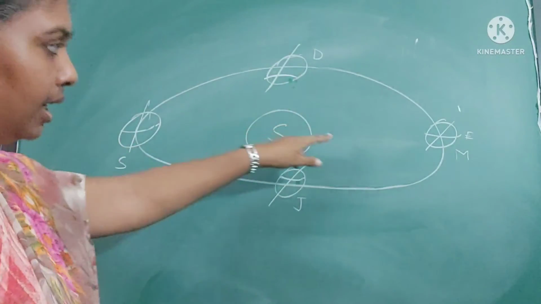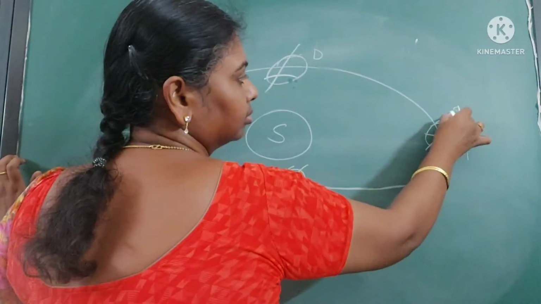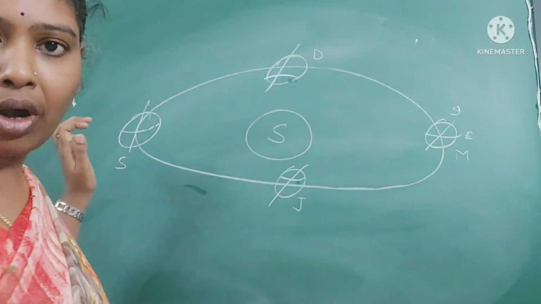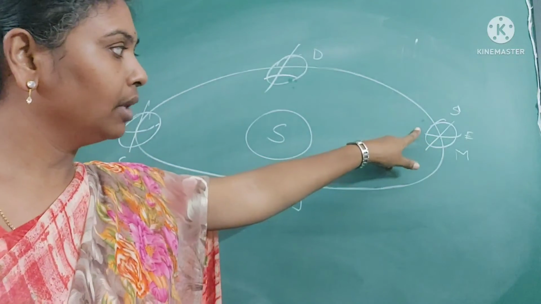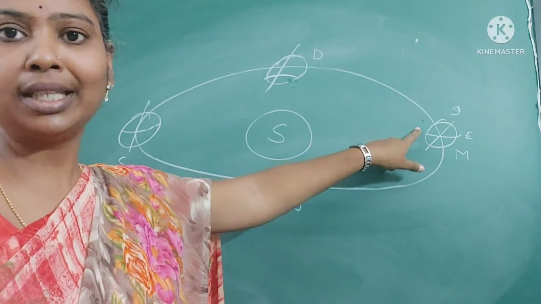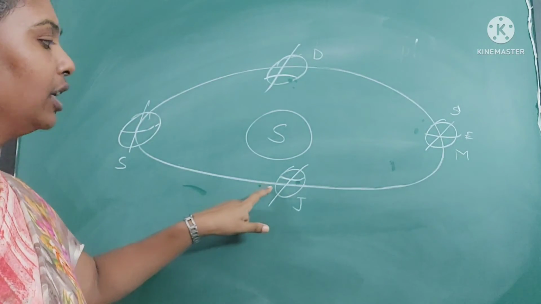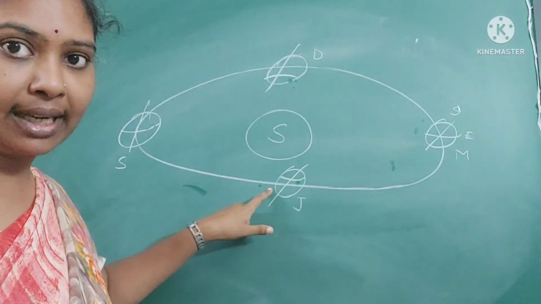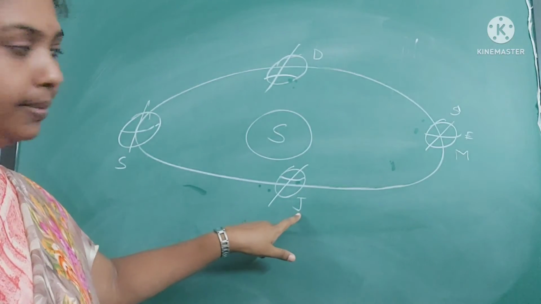So here it will be spring equinox in the month of March in the northern hemisphere, and here it will be summer solstice in the month of June in the northern hemisphere.